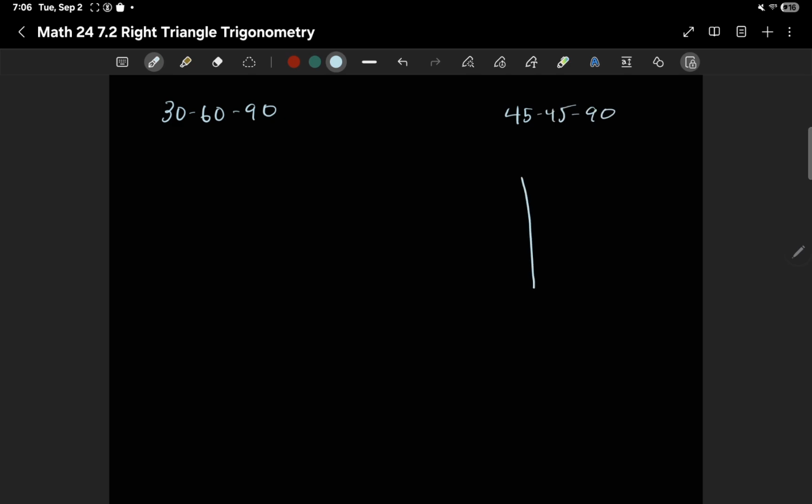So a 45, 45, 90 triangle is a right triangle, excuse my drawing, where both of the two angles that aren't the 90 degree have the same angle, so 45. And so what does that tell us? Well, if we remember from the Pythagorean theorem, a squared plus b squared is equal to c squared.